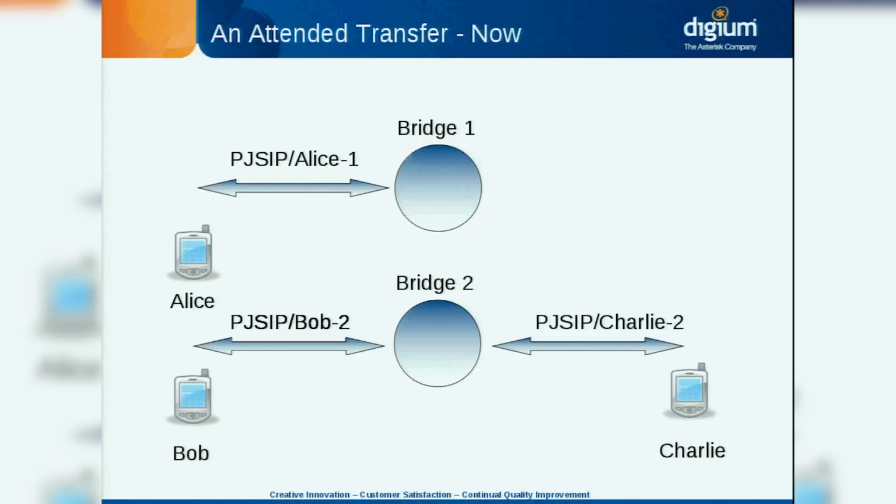But we can also do a lot of other really cool things because we have a framework now to help us with the bridging. One of the things we can do is toggle. So Bob can talk to Charlie, and let's say Charlie's tier 3 support, and Bob's tier 2, or maybe even tier 1.